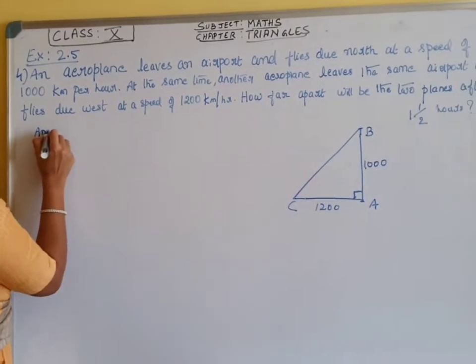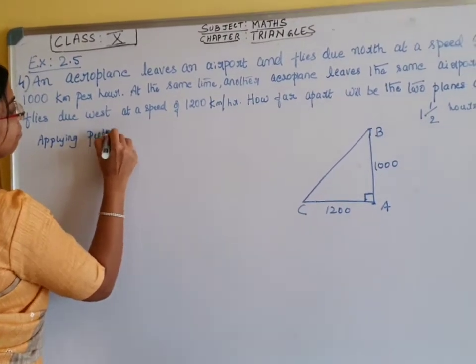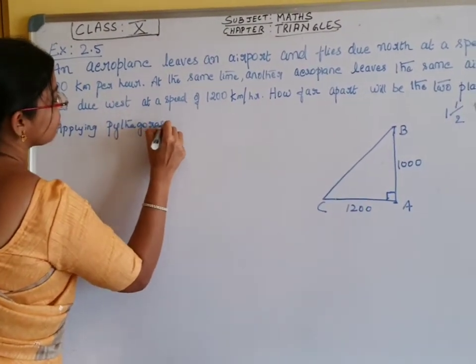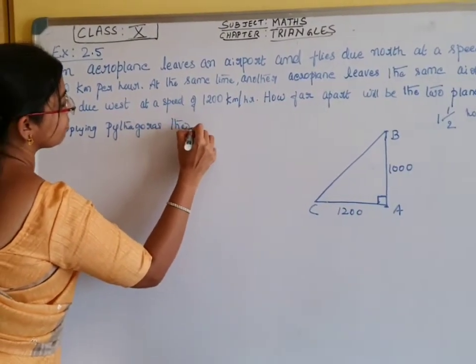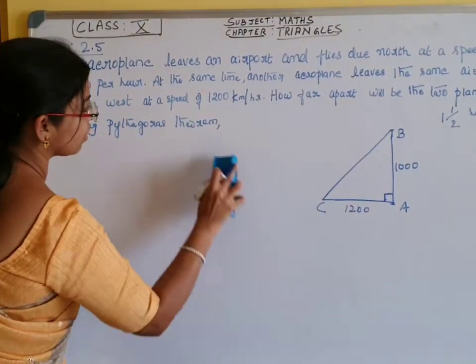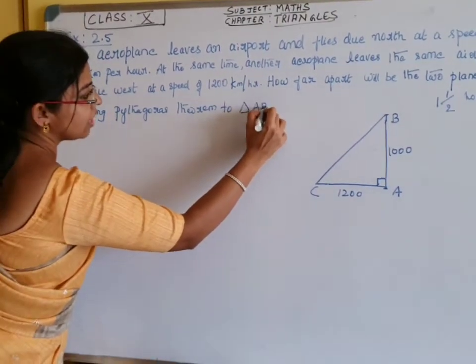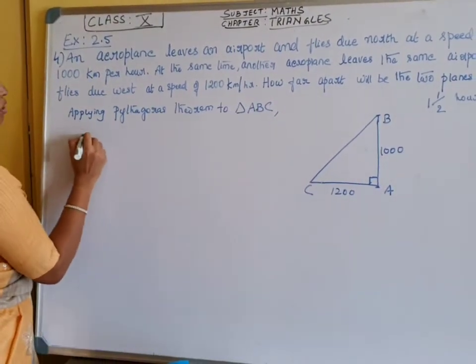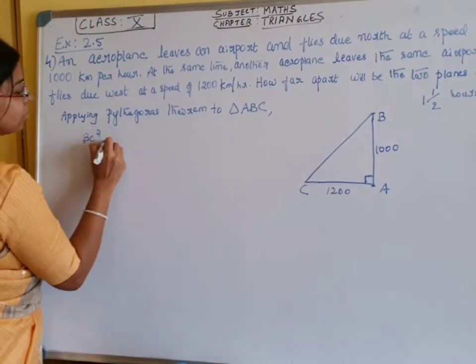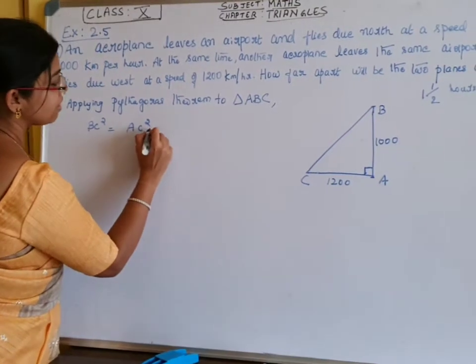Applying Pythagoras theorem to triangle ABC. So BC square will be equal to AC square plus AB square.